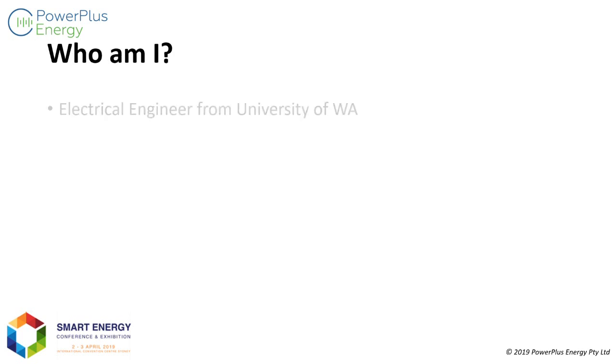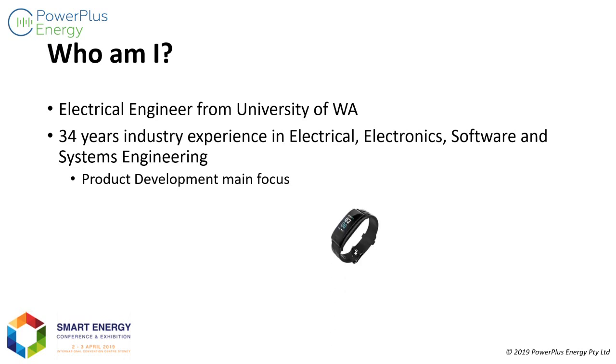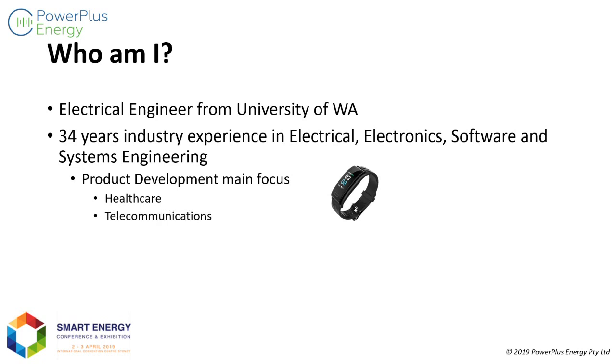Just a little bit about myself. I graduated from the University of Western Australia back in 1985, so I've got 34 years of electrical engineering experience in electrical, electronics and software. I've done some systems engineering as well. Throughout my entire career, I've been developing products for different people. I've done some work in healthcare, such as the smart bands that people wear. I've done some work on telecommunications.